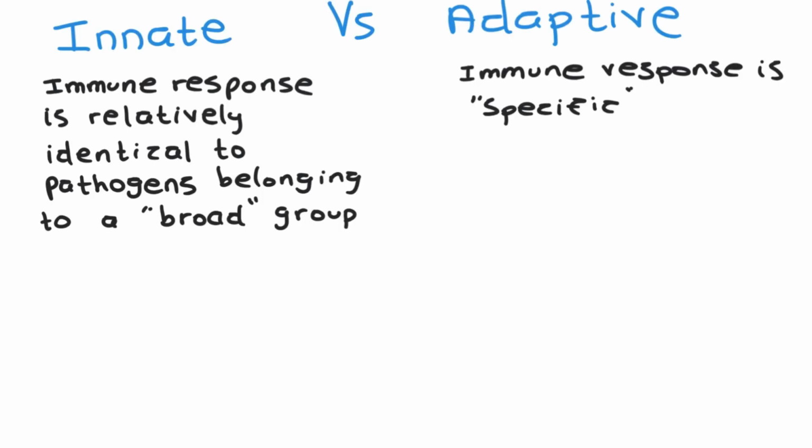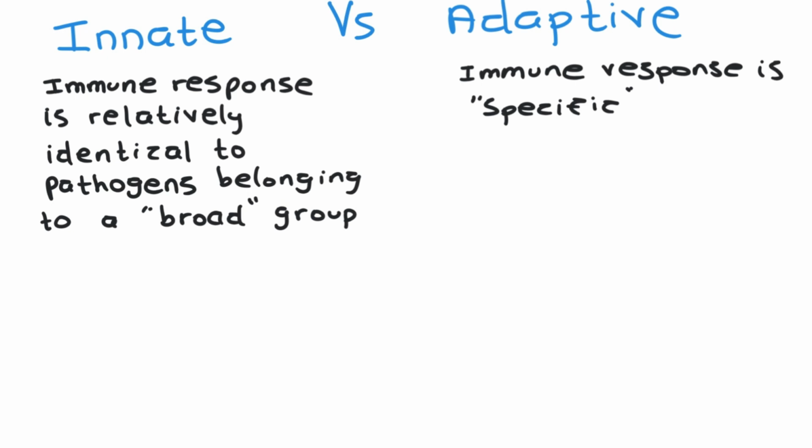Firstly, I'd like to talk about the difference between the specificity of response. I mentioned this earlier, but the adaptive immune system looks for specific antigens, whereas the innate immune system looks for non-specific antigens, which are found across a broad range of pathogens. And these non-specific antigens we called pathogen-associated molecular patterns.